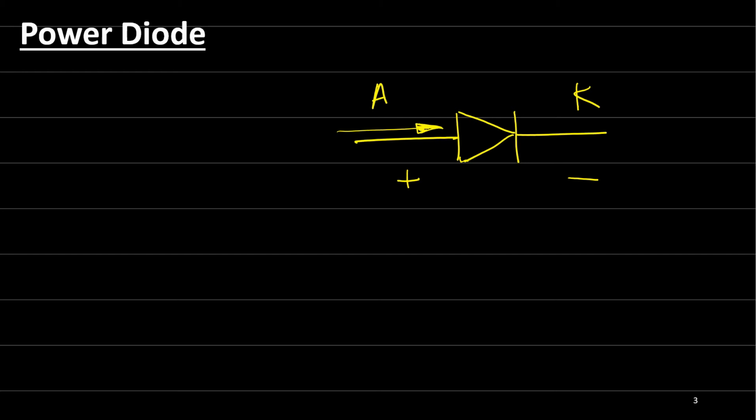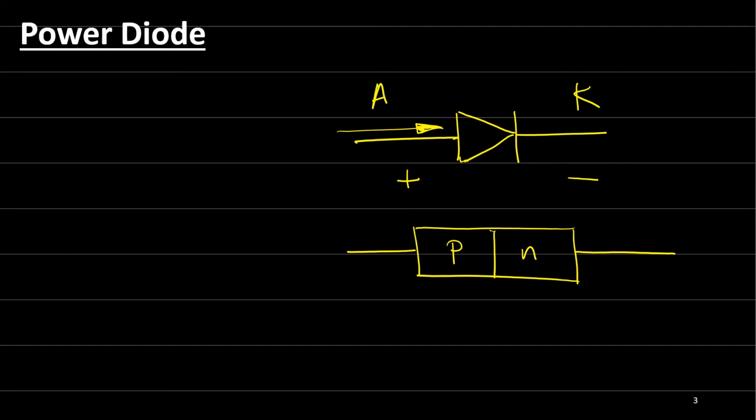If there is no current, or the current is applied in the reverse direction, then the diode will be off. And as you know, this diode has a p-n junction, but of course in a power diode, this p-n junction has some special characteristics.